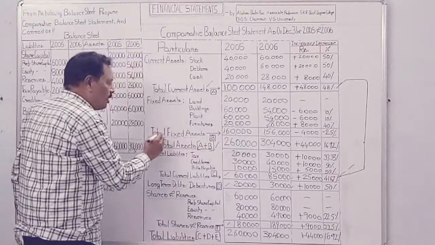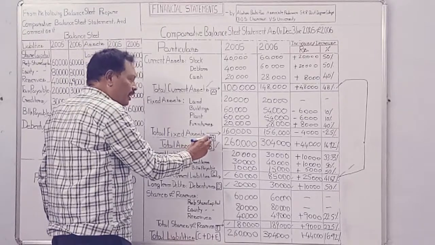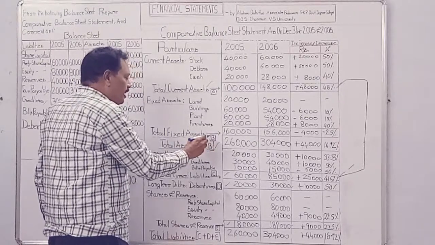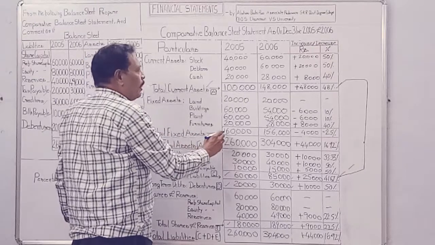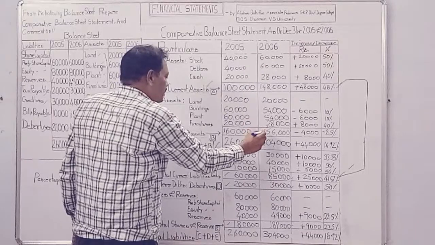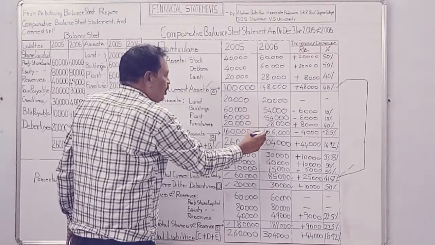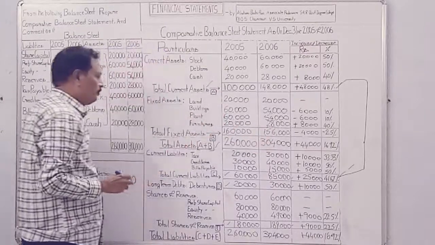This is the total fixed assets, and put the letter B in a box. This indicates total fixed assets. At the same time, for 2006, the total fixed assets are 20 plus 54 plus 54 plus 28, 1,56,000.